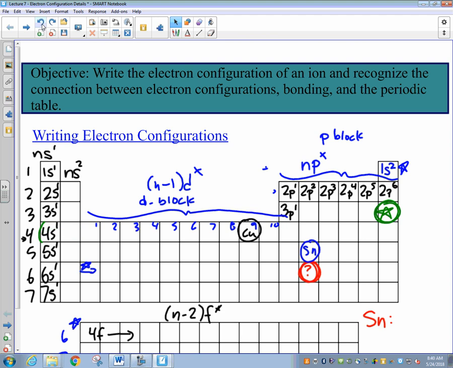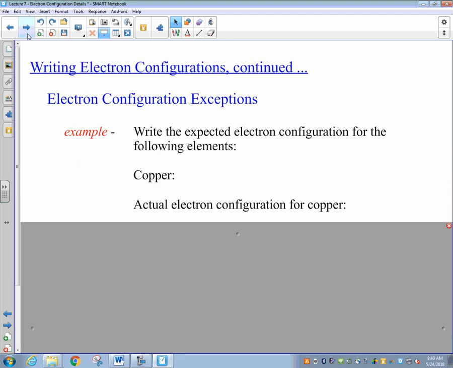So looking at that here, it should give me the configuration argon 4s2 3d9. And that sounds great in terms of our prediction.